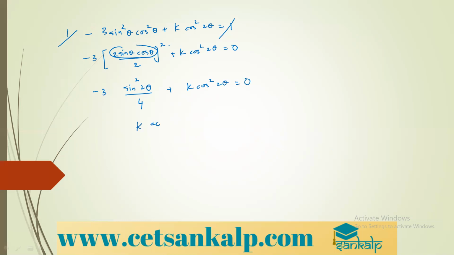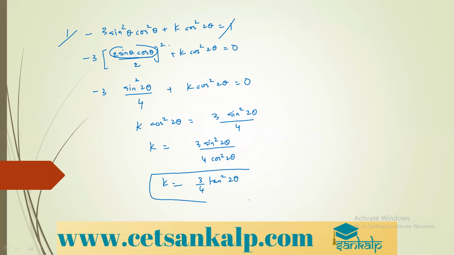So I can write k cos square 2 theta equal to 3 sine square 2 theta by 4, or k equal to 3 sine square 2 theta by 4 cos square 2 theta. That means k equal to 3 by 4 tan square 2 theta. This is how we can take option 4 as the answer.